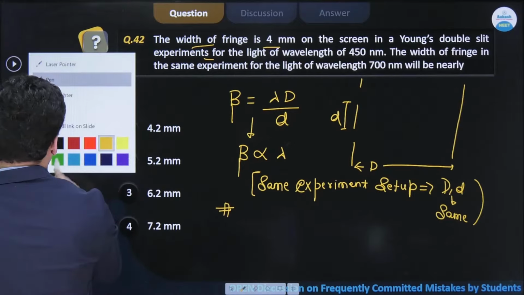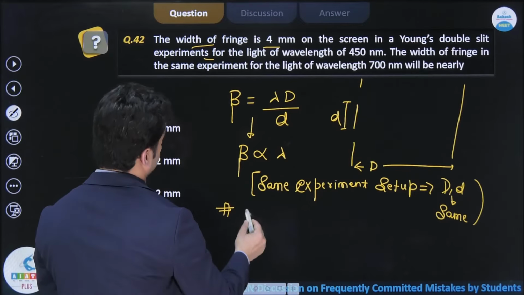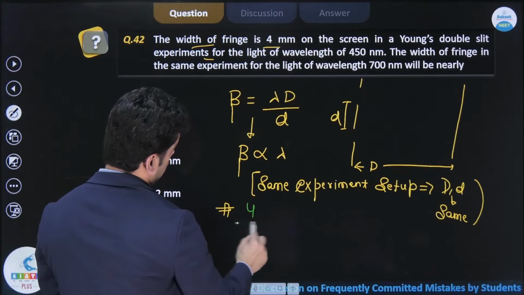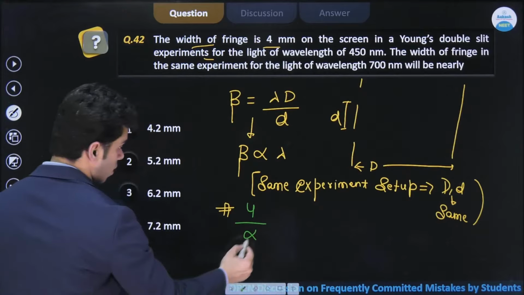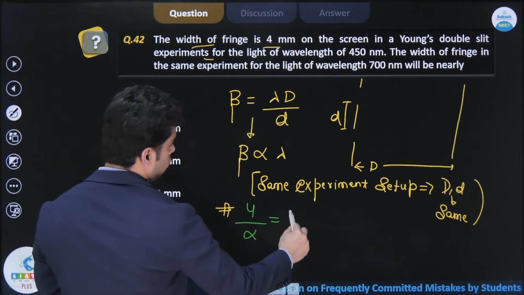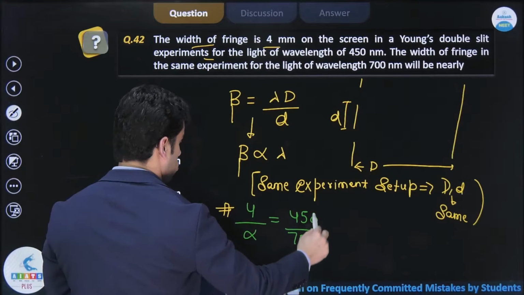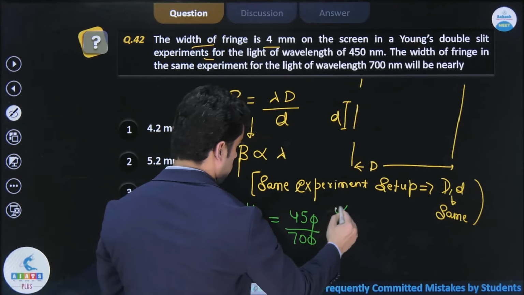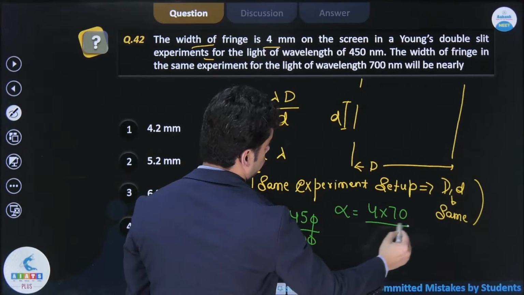Let's use the proportionality. So beta is 4, and let the other beta be alpha, so 4 by alpha is proportional to 450 by 700. Cancel the zeros, so alpha comes out to be 4 into 70 by 45.